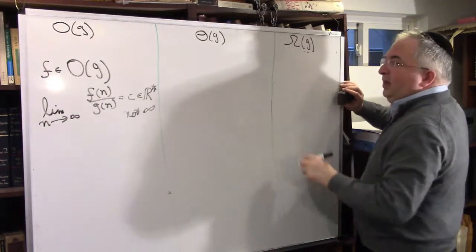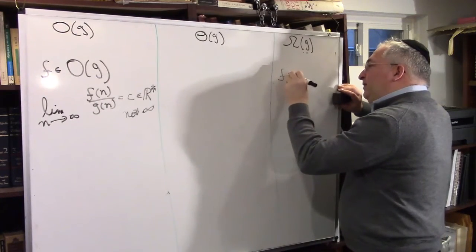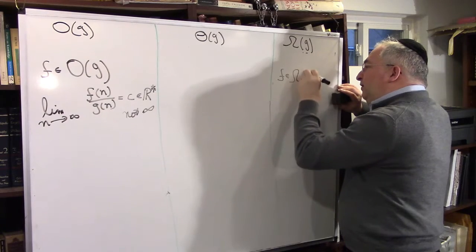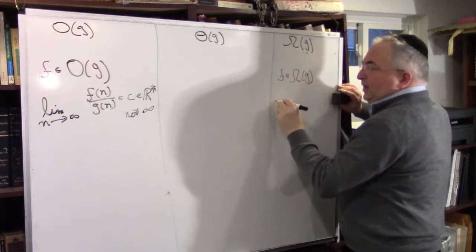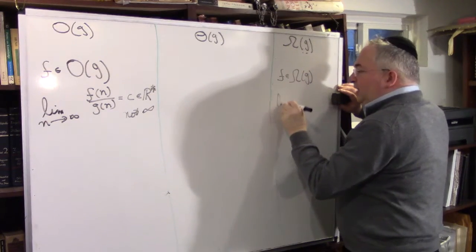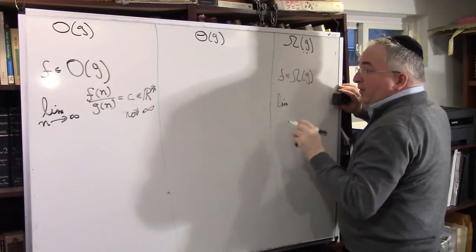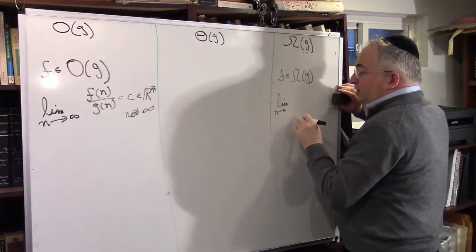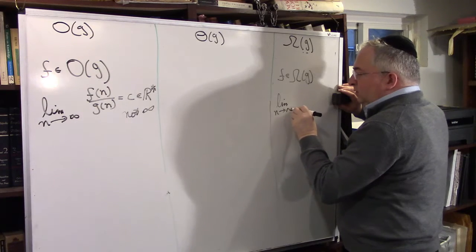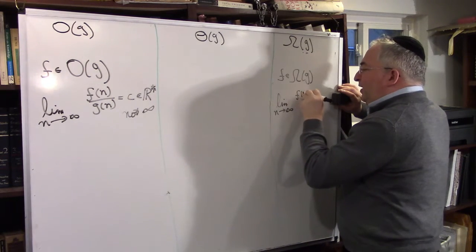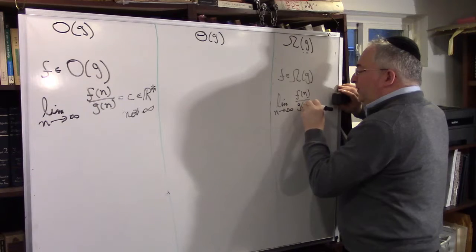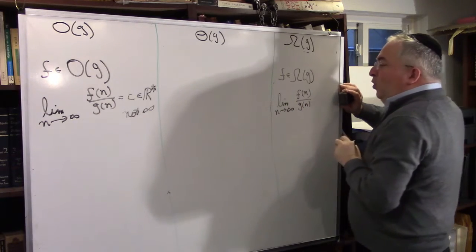let's do this. f is a member of omega of g if the limit, we're always comparing f to g, okay, so f of n over g of n. What could it be?